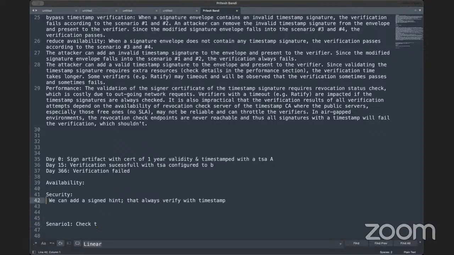You can solve this either by adding a hint or by including the timestamp signature as a signed attribute. I agree there, but this applies to both use cases. It's not to one of them. So we are discussing two alternatives and it applies to both alternatives.